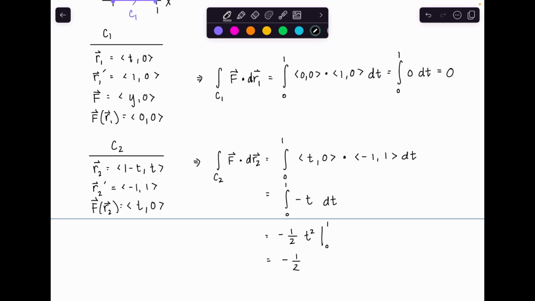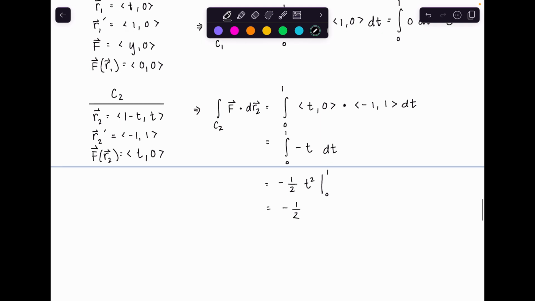When I want the total line integral, because it's this piecewise smooth curve, I add these two together. So overall, the line integral over C of f dot dr is the line integral over C1 plus the line integral over C2.